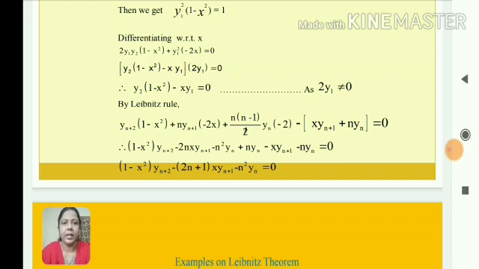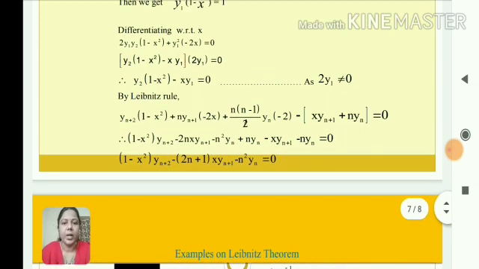Now we can see that the 2y1 term is common, so we take 2y1 out of the bracket, and in the bracket we have y2 into (1 minus x square) minus x into y1. As we know, 2y1 is a non-zero quantity, so 2y1 is not equal to 0. So we can write that the bracket is equal to 0, and that bracket is y2 into (1 minus x square) minus x into y1 is 0.